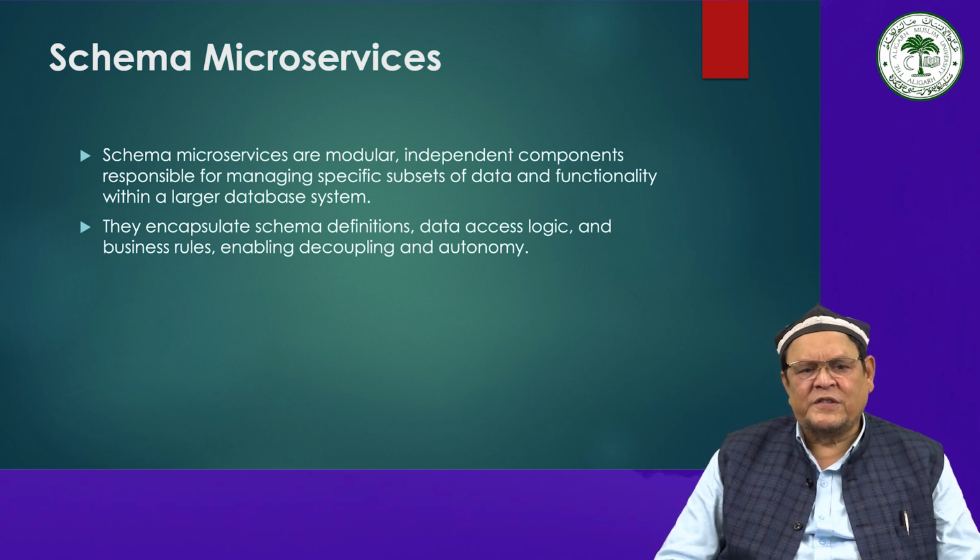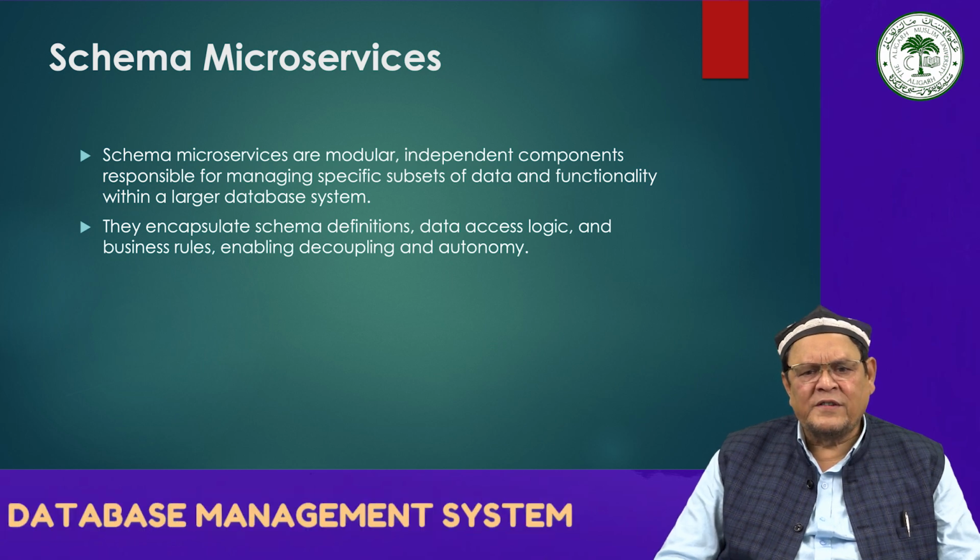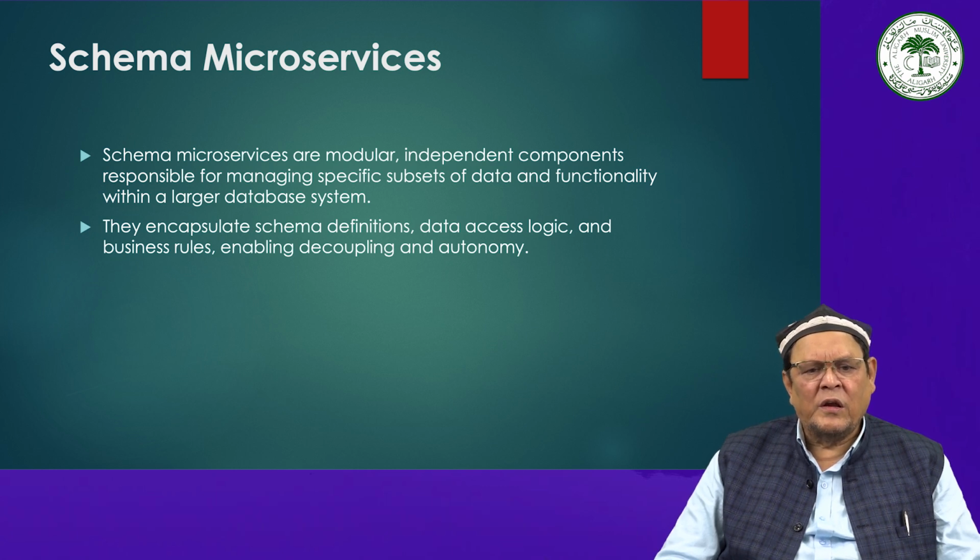Schema microservices are modular, independent components responsible for managing specific subsets of data and functionality within the larger database system. They encapsulate schema definitions, data access logic, and business rules, enabling decoupling and autonomy.